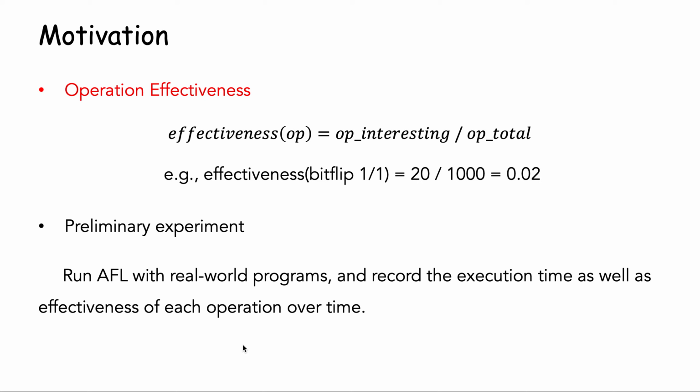Next, we use a preliminary experiment to discuss our motivation. Here, we'll first give the definition of operation effectiveness. For an operation, its effectiveness is calculated by the number of interesting test cases generated by this operation, divided by the number of total test cases generated by this operation.